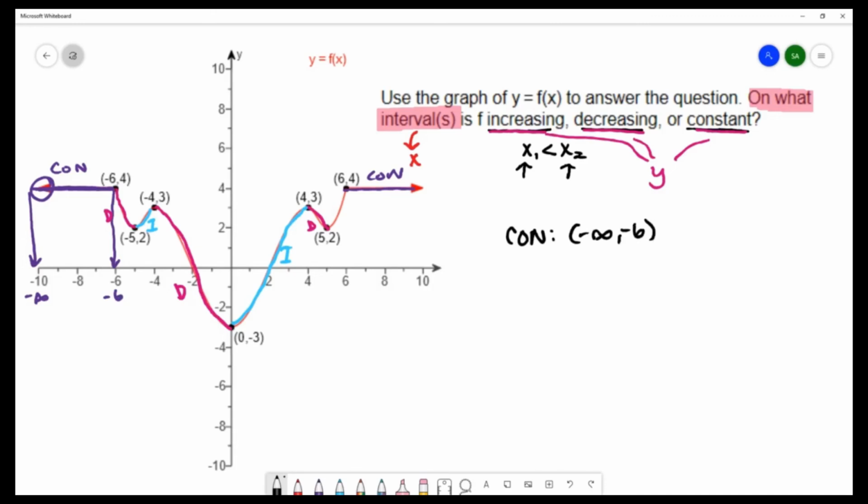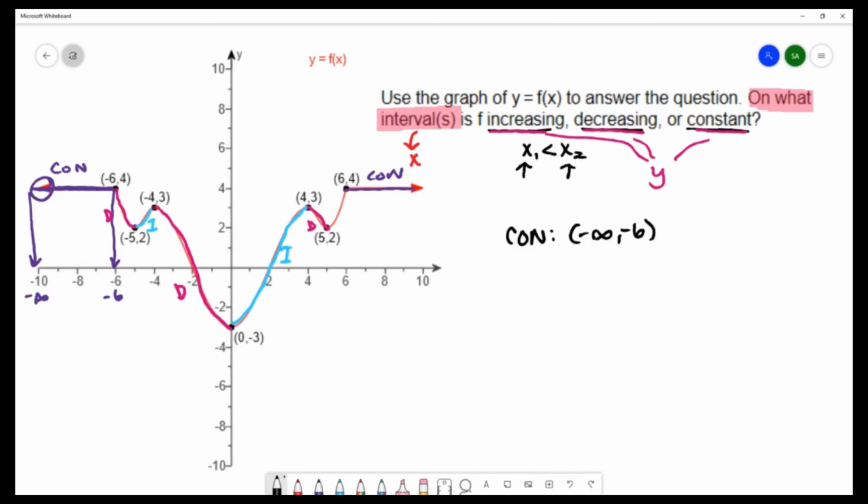Now I've used open intervals because the definition in this book gives open intervals, but there are other sources where the definition could include closed intervals as well. And a closed interval would be if you had a bracket on this negative 6 instead of a parenthesis.